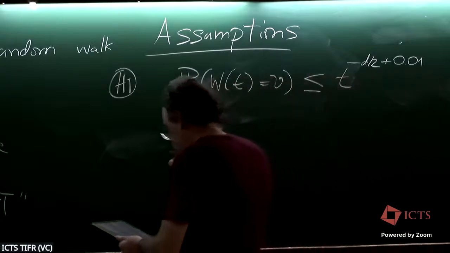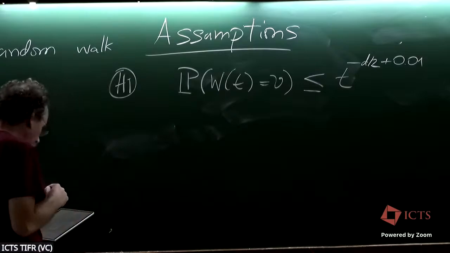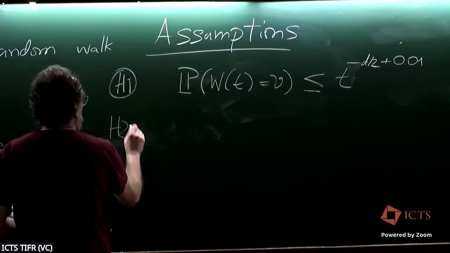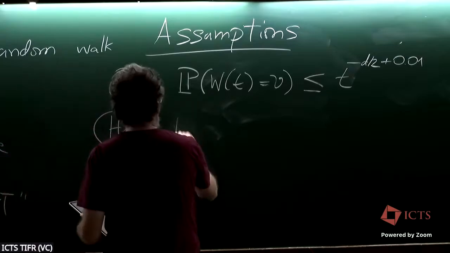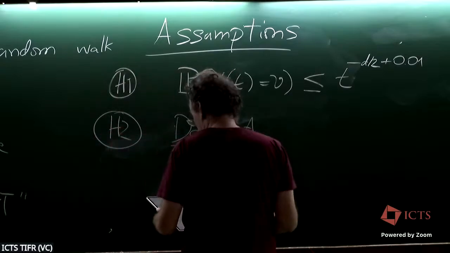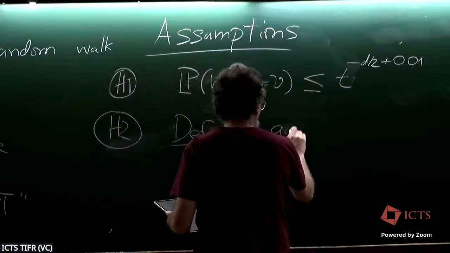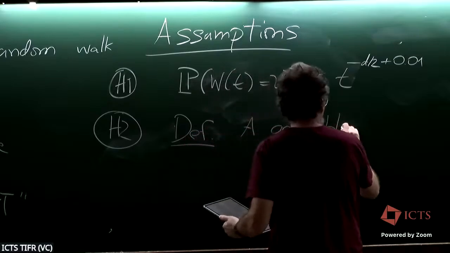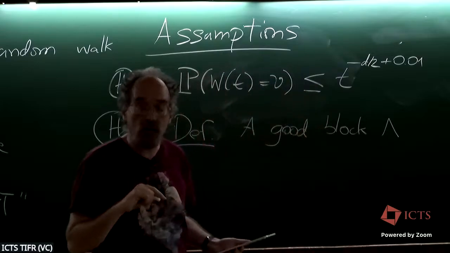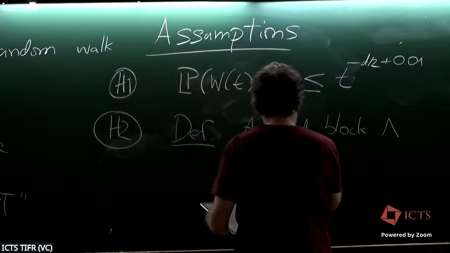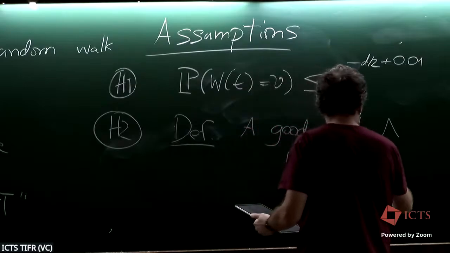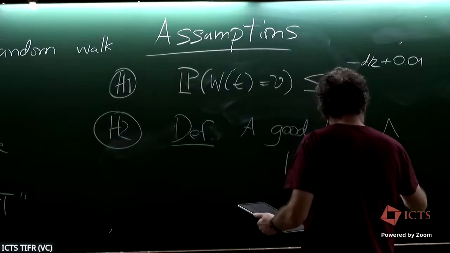The second assumption, which is also natural, but it will take a little bit more definitions. So for assumption 2, let me first define a good block. So lambda is a good block if what? If lambda intersection the whole path.